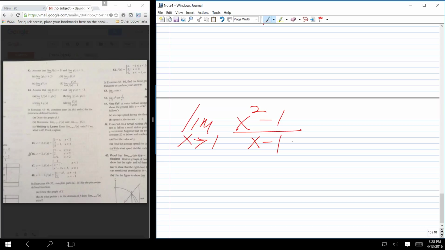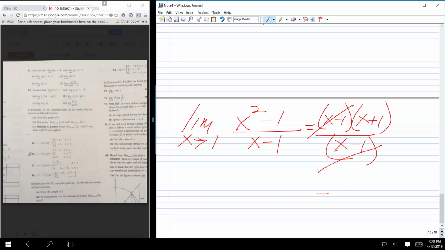But after I factor the top, I get x minus 1 times x plus 1. Still have x minus 1 in the bottom. Now I can cancel that one with that one. So after I factor it, the function becomes x plus 1. Now what is that equal to as x goes to 1? 2. That's the limit.